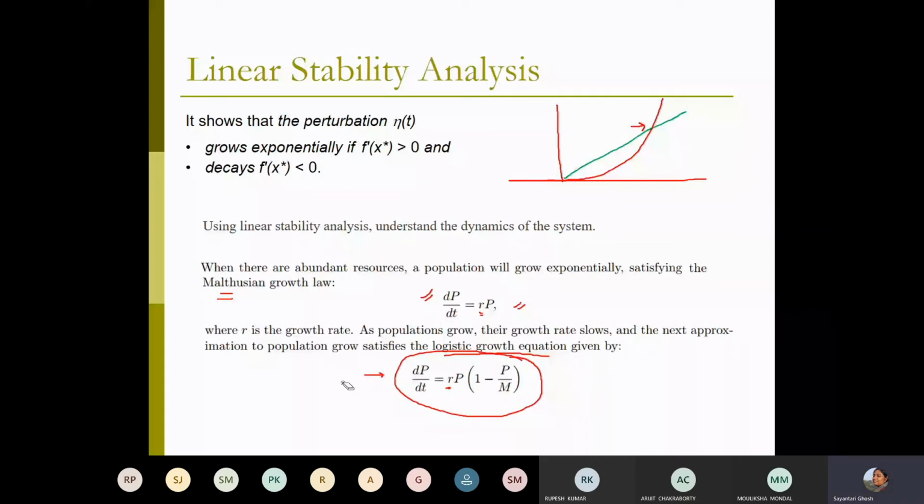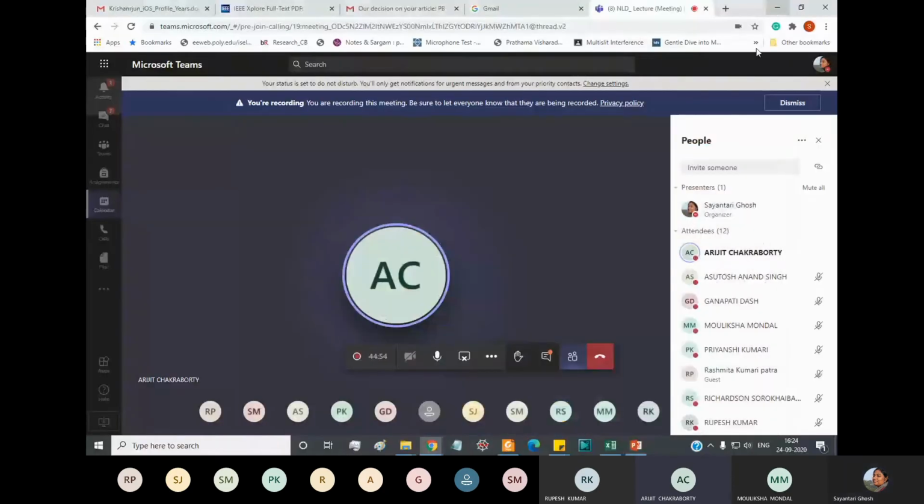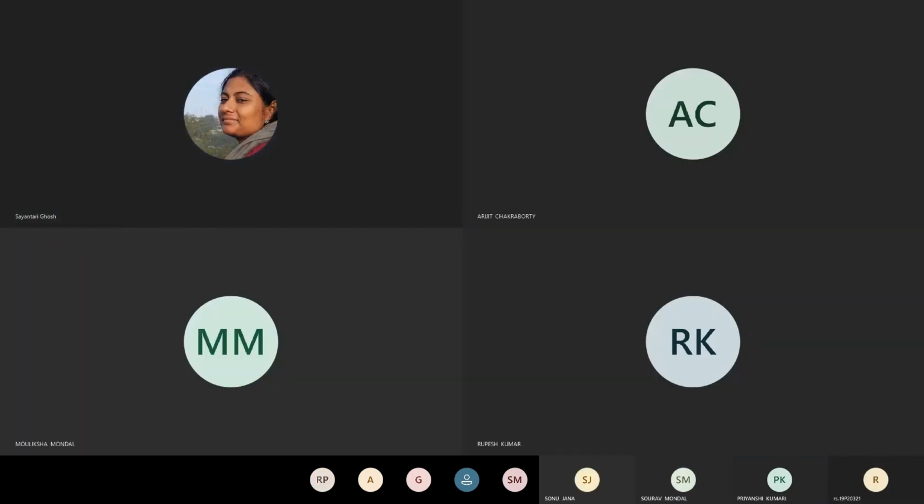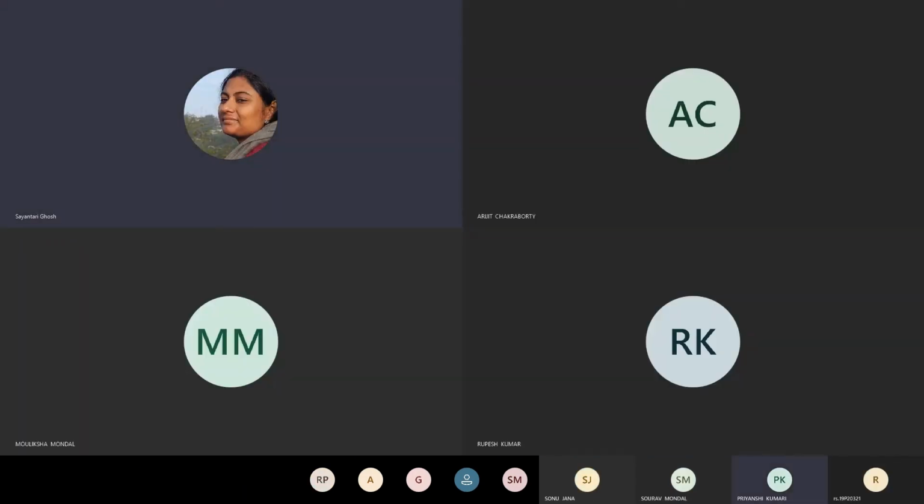Yes, 0 is unstable and m is the stable one. Okay, everyone got that?